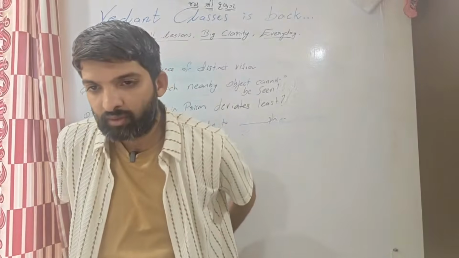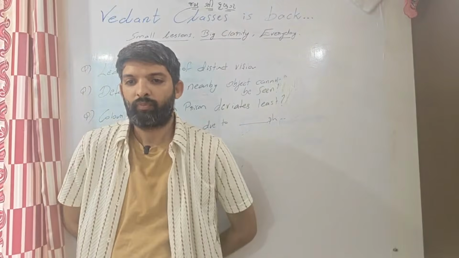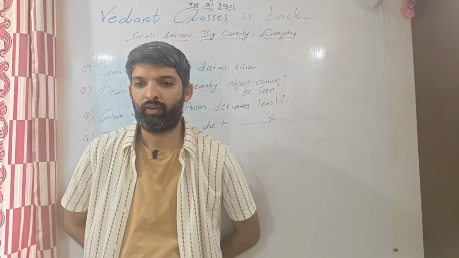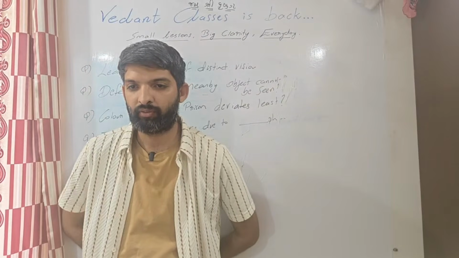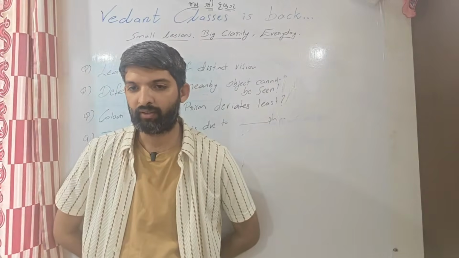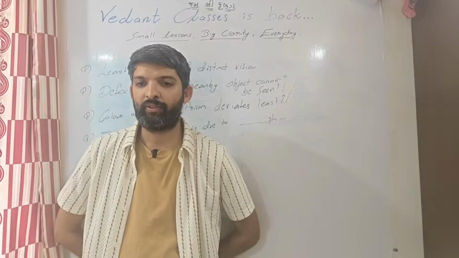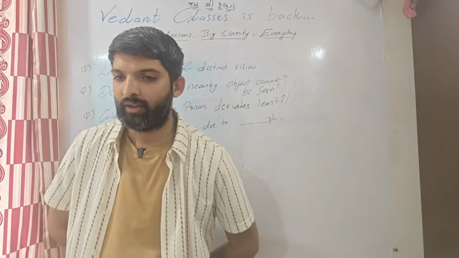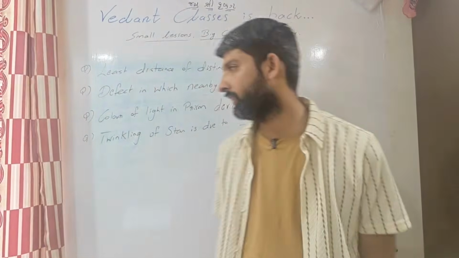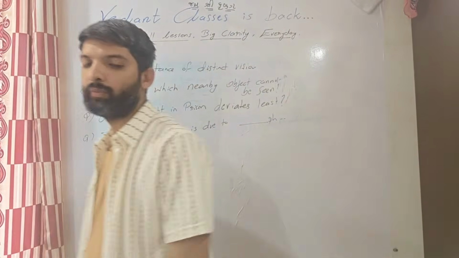Very good. Ray is also not a phenomenon. Late sunset, okay. Delayed sunset is perfect as per NCERT. Aryan has written it correctly. Advanced sunrise and delayed sunset is another phenomenon that occurs due to atmospheric refraction.